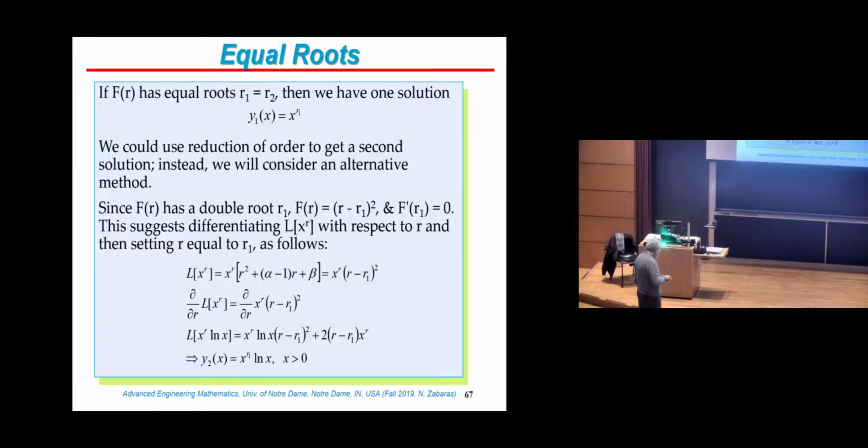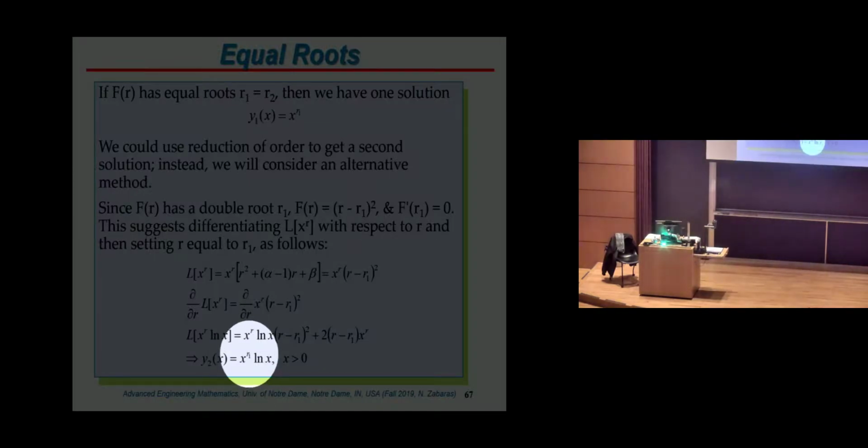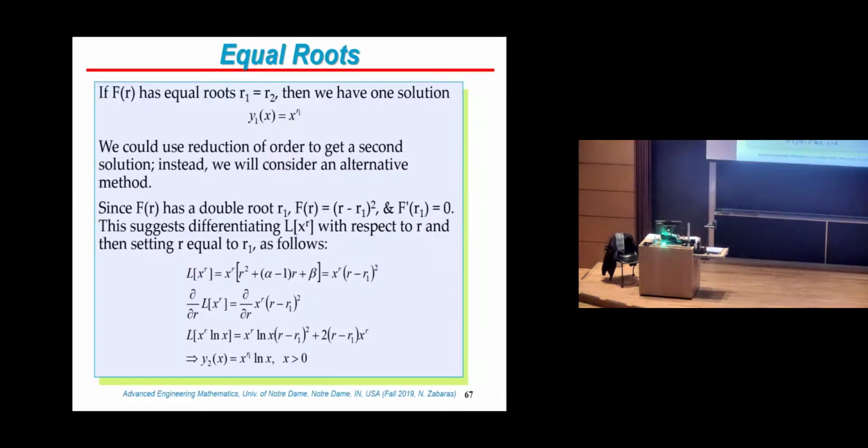And this is extremely important, because x to the power r1 basically defines the singularity of the first solution around x equal to 0. And for the second solution, you get basically the behavior of log of x as well. All right? And you remember log of x goes asymptotically to infinity at x equal to 0, right? Remember the plot of log of x? So this is extremely important.